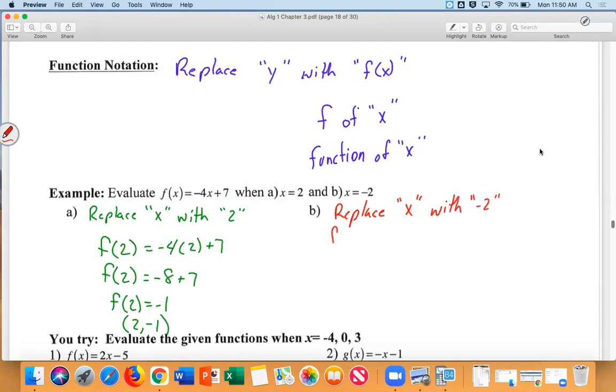So this is what it looks like. See, negative 4 times negative 2 is 8. Plus 7. All right, why don't you guys copy this down? Make sure it's down. We're almost done.